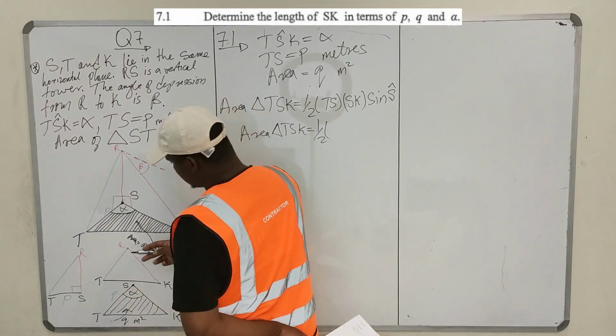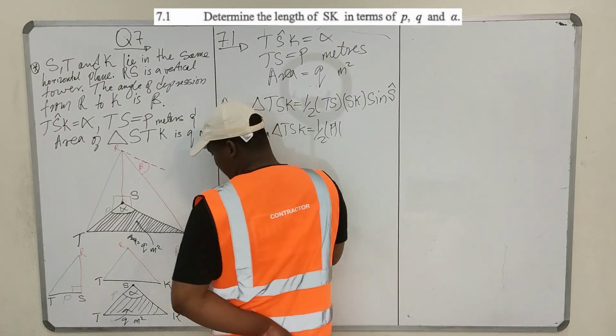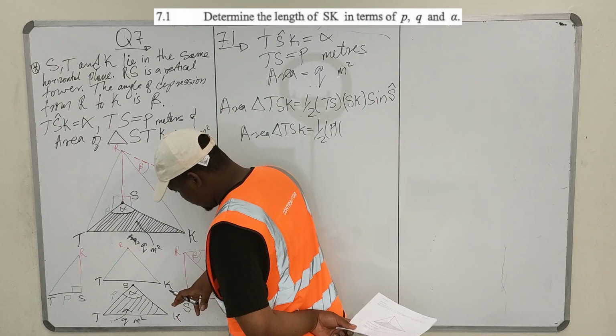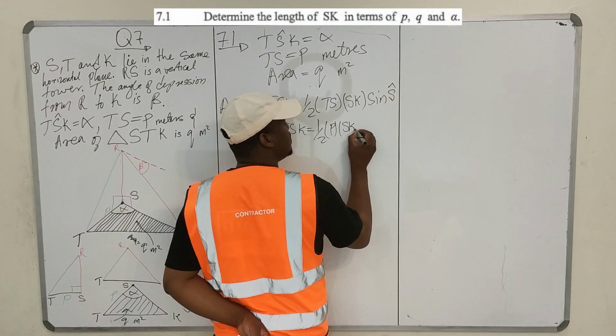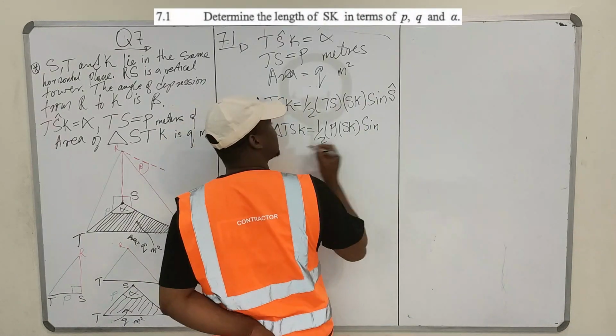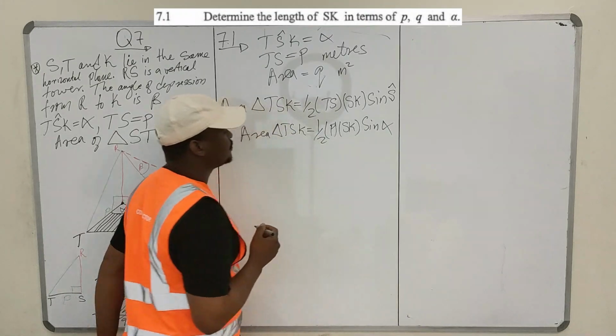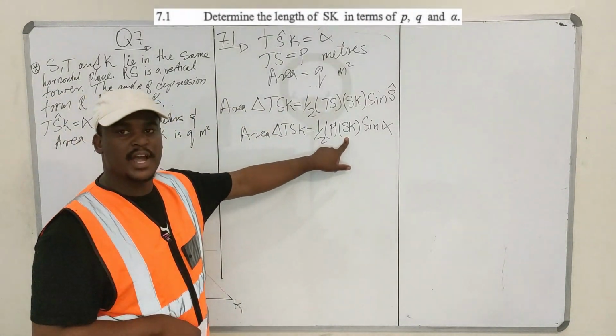Then we can say the area of triangle TSK is equal to half of TS. What is the length of TS? TS is P, so half of P times SK. What is SK? We don't have SK, it's what we're looking for. Times SK times sine of angle S. What is angle S? Angle S is alpha, sine of alpha. But they want us to find SK, right?